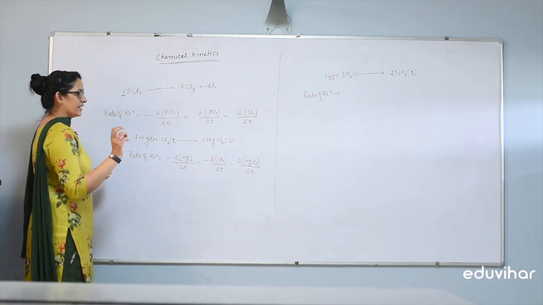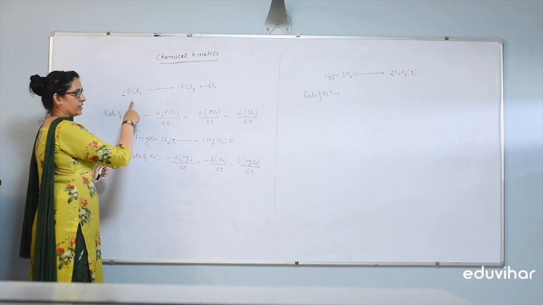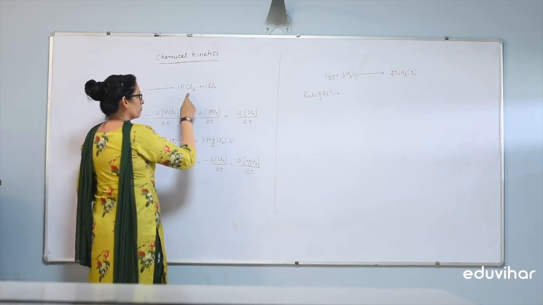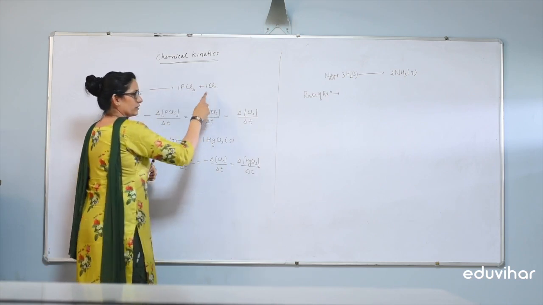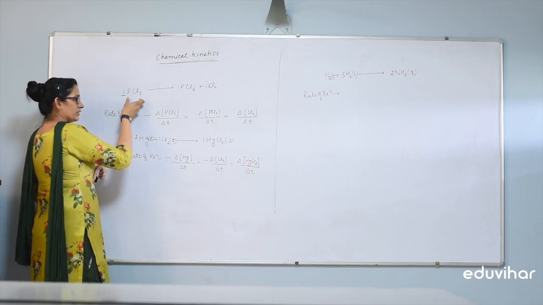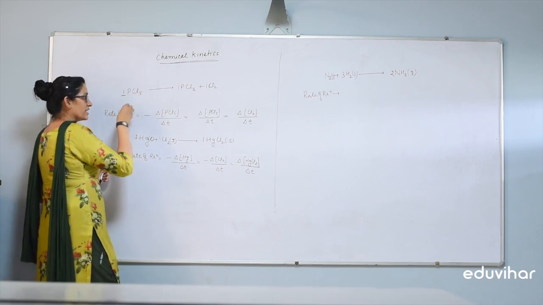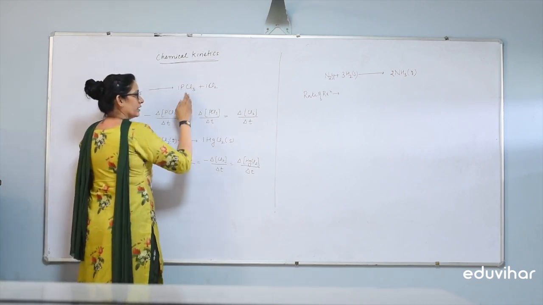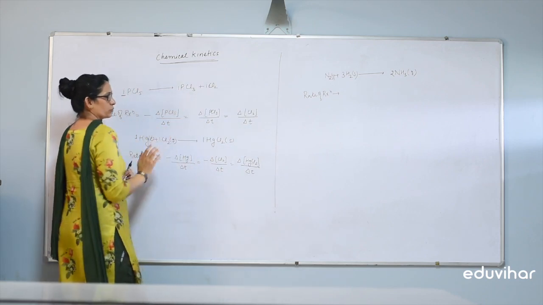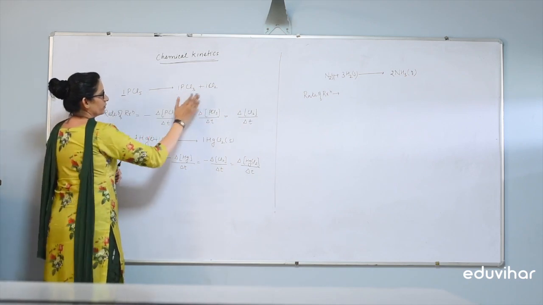It means I can say the rate of decomposition of PCl5 is equal to the rate of formation of PCl3 and chlorine. Please listen carefully. The rate of decomposition of PCl5 is equal to the rate of formation of PCl3 and Cl2 whenever the stoichiometric coefficient is 1, 1 and 1.